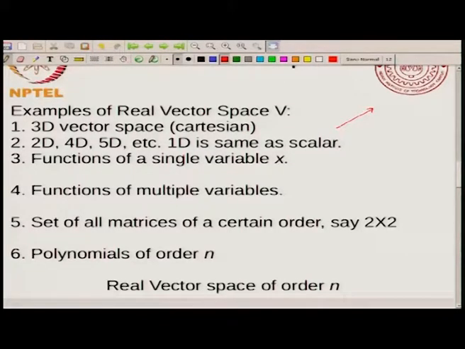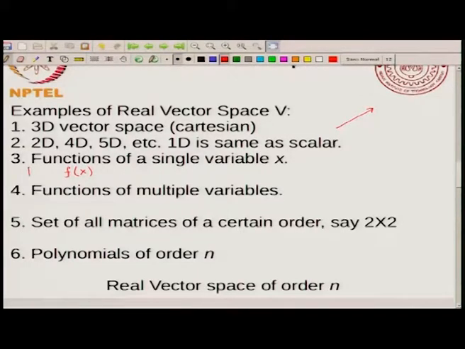The answer is, if you have a vector in 1 dimension, it is the same as a scalar, because there is only 1 dimension, so it only has a magnitude. Now you can also have a vector space consisting of all functions of a single variable. So suppose you take some function of x and you take the space of all functions.